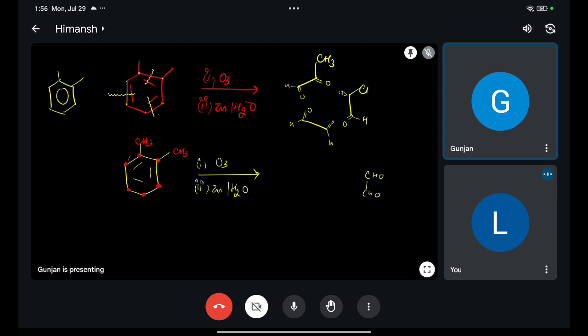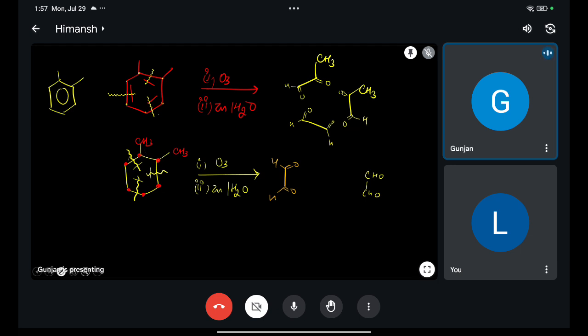Yes, ma'am, in place of hydrogens we should place CH3 groups. Correct. So one bond cleavage over here, one over here, and one third bond over here. The three products you have drawn are all the same, with these two carbons as CHO and CH.